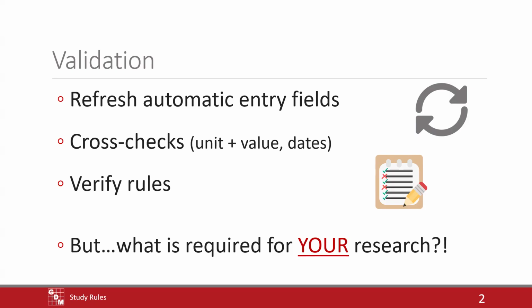We could only check whether somebody put something but not the unit with it, or vice versa. So really, to make this validation powerful and useful, we need to teach ARM what matters to me or what matters to a specific study. So bringing in the actual research specific requirements.